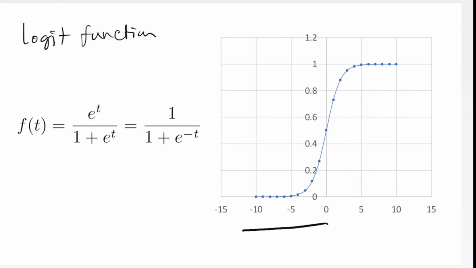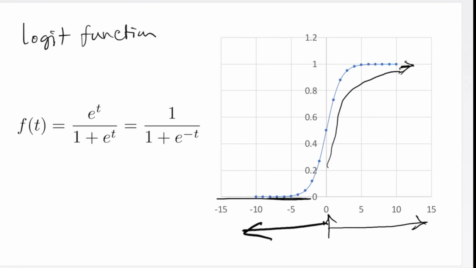For negative numbers, the function gives values very close to 0, and for large positive numbers, the function eventually gives numbers close to 1, and at 0 the function gives 0.5. Therefore, this spectrum varies from 0 to 1. As a result, we will be able to utilize this logit function as our probabilistic function for the linear model.